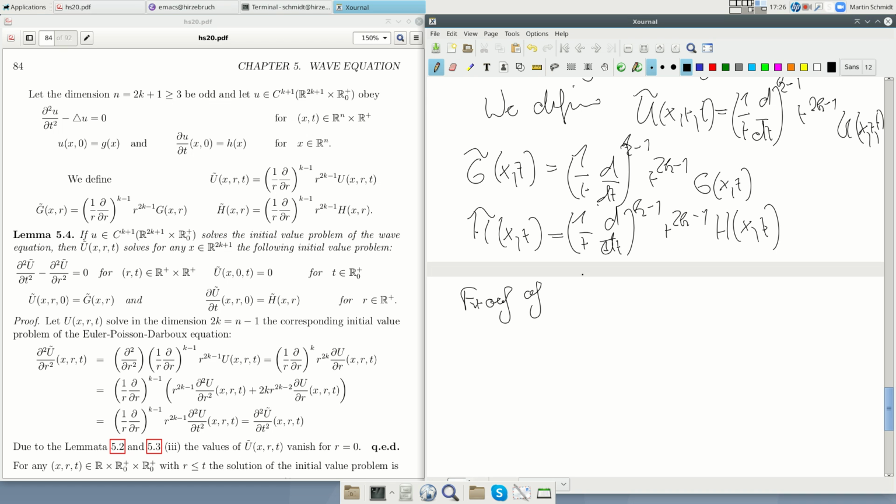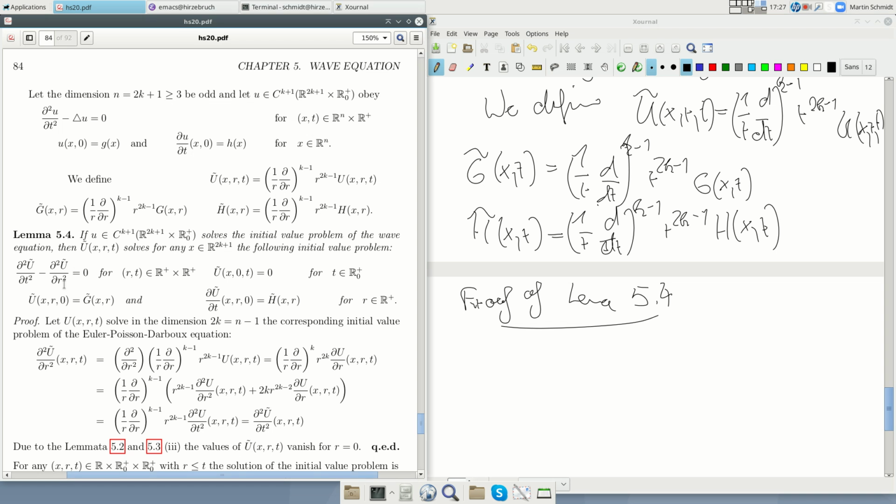Okay, proof of lemma 5.4. Okay, let's do the calculation. Now the main thing is to show this. This here is more or less clear, since we have this higher power.